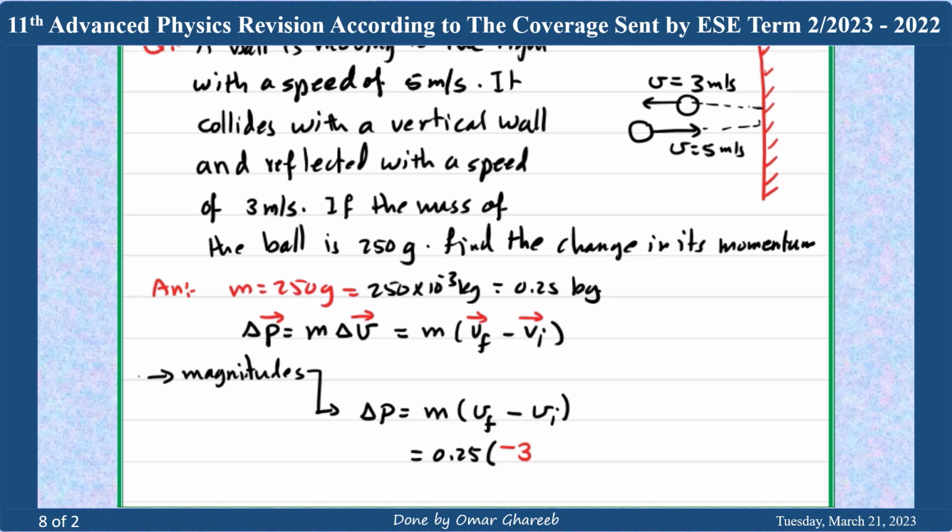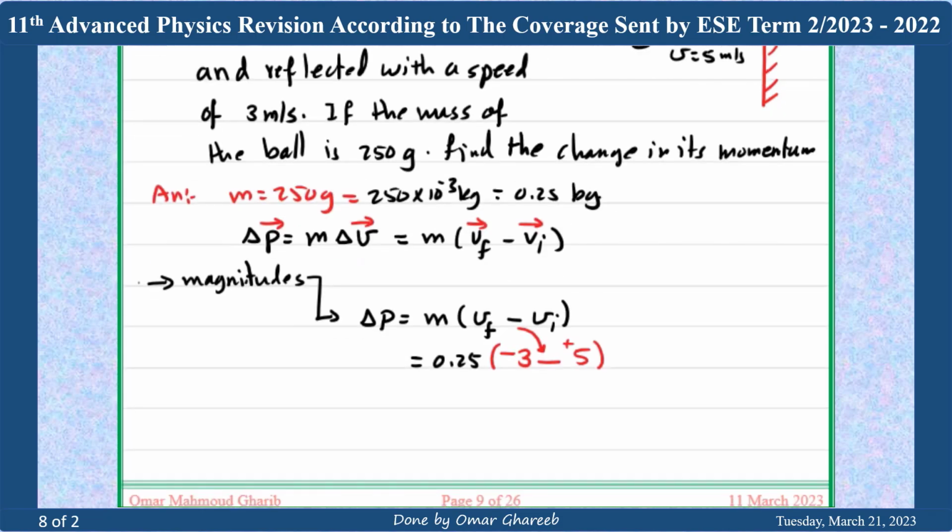Now we have another minus, but that is for the expression, not for the direction. This minus is for the expression v final minus v initial. V initial is 5, and it is to the right, so it is positive. This is a very important thing. When you try to find the momentum, don't forget to consider the direction well.